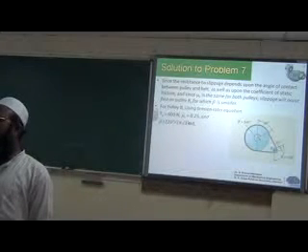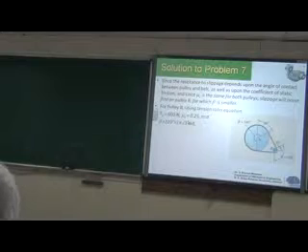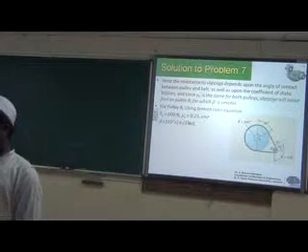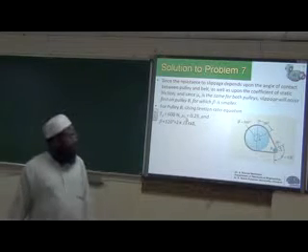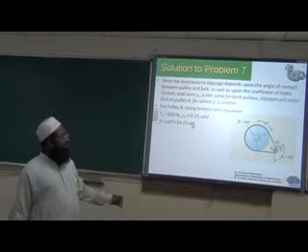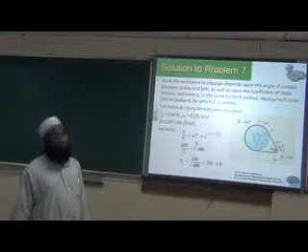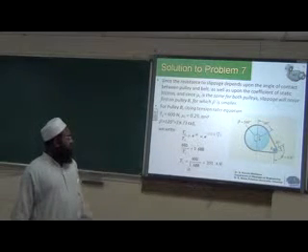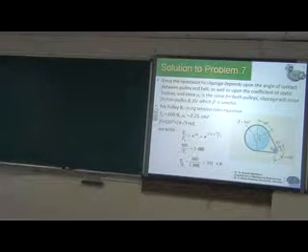If you directly use angle, you won't get value in Newton. So in order to make it in SI system, we have to convert it into radians. So 120 degrees is converted into radians, 2 pi by 3 radians. So T1 by T2 equals e to the power mu theta. We get T2 as 355 Newton.